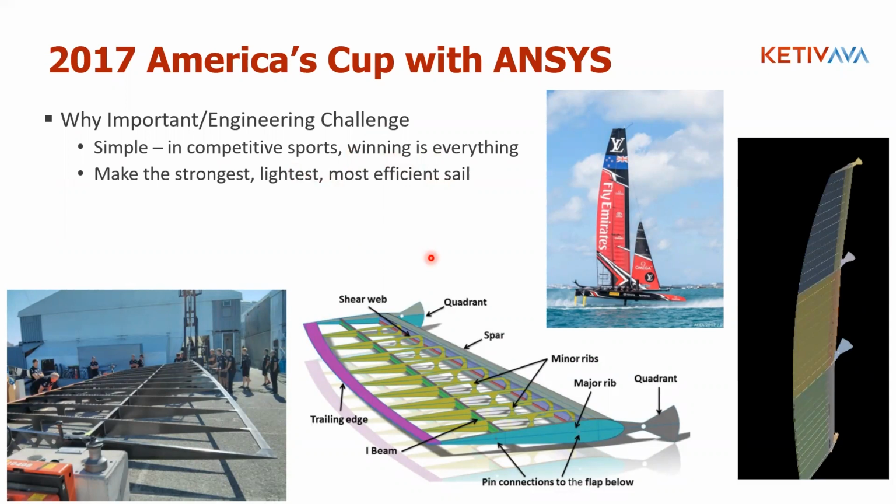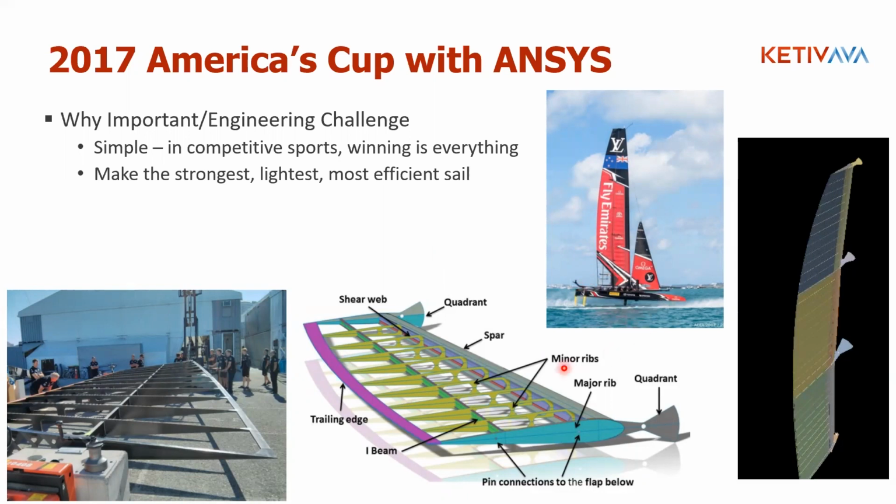And so the New Zealand team used Ansys to optimize the sail. The sail, as you can see, is probably one of the most important parts of the yacht, because you're capturing the wind and transforming that wind into speed for the yacht.